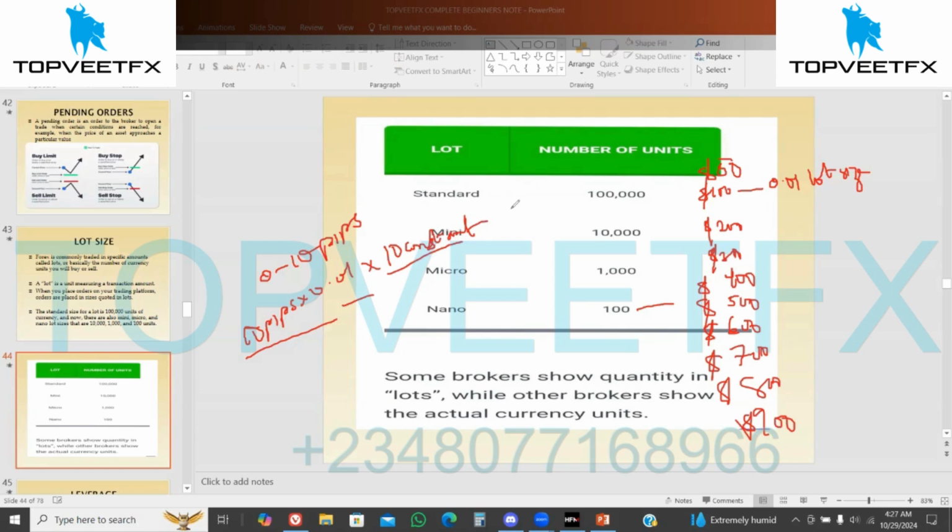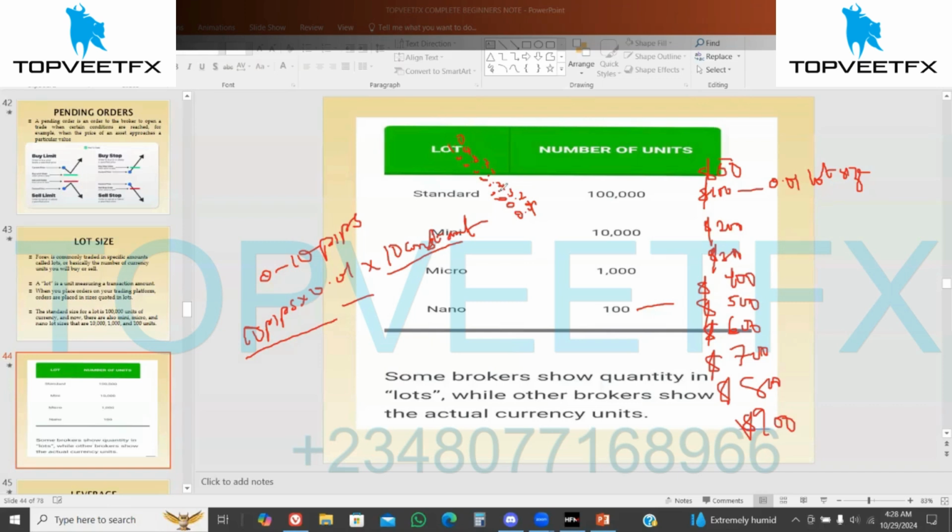You remember when your pips are counting, when you want to get a pip, you start from 0.0, 0.1, 0.2, 0.3, 0.4, 0.5, 0.6, 0.7, 0.8, 0.9, then it will turn to 1.